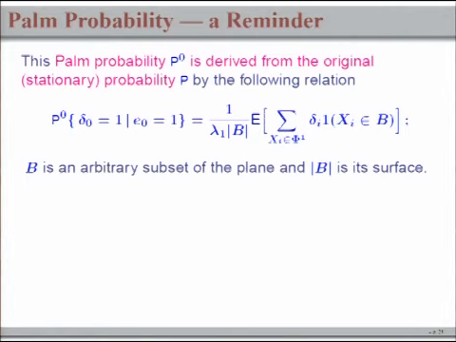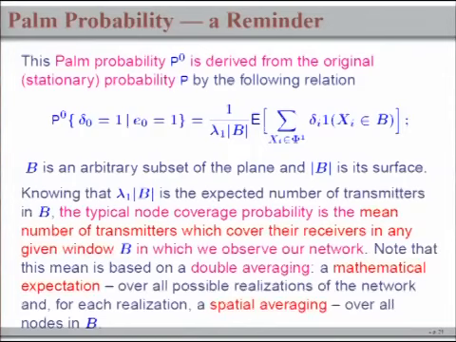Obviously this thing has an interpretation as the average number of nodes that can successfully communicate in some range B, and this average might be with expectation or, under some ergodic assumption, without this expectation with B growing. So for stochastic geometers and for the theory, it's just the probability of successful communication for the typical node. For those who see rather the one given repetition of nodes, this is a spatial average of the fraction of nodes who can successfully communicate.